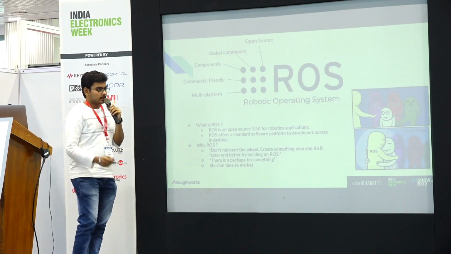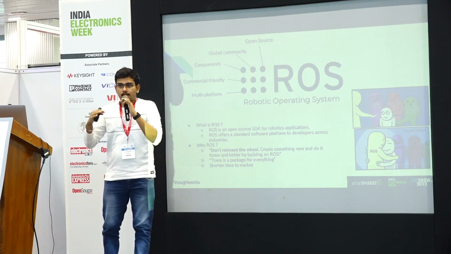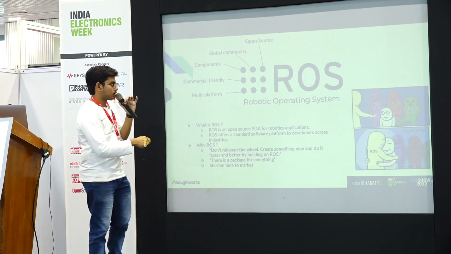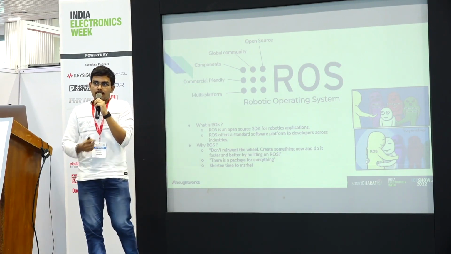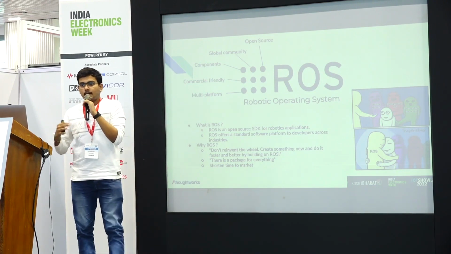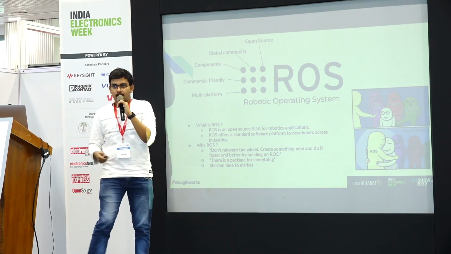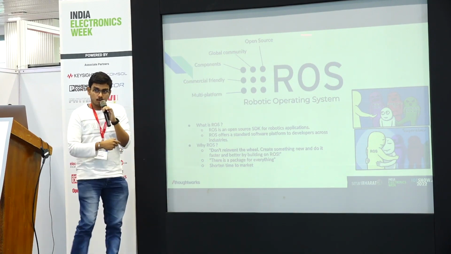As I said before, the middleware, or software stack, for the communication that we need is ROS. ROS is the Robot Operating System. As the name suggests, it is not an entire operating system. It is an SDK on which you can build applications. ROS is widely selected because it is open source and has a global community.